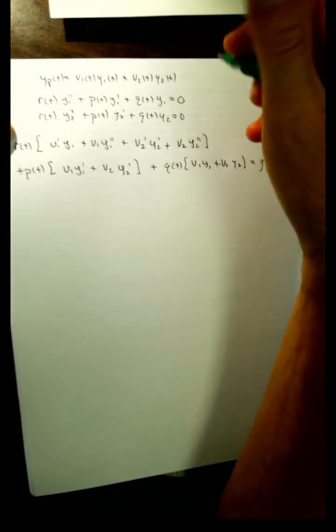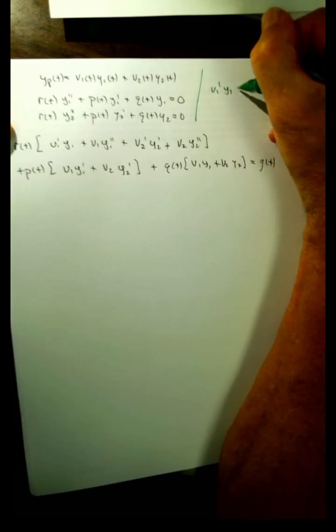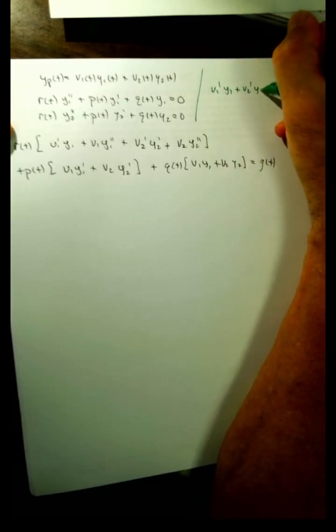I'm dropping the t notation because it gets tiring and it's a bit of a mess. And I've also made up an equation that v1 prime y1 plus v2 prime y2 is 0. So that's my equation 1, and that's my equation 2.